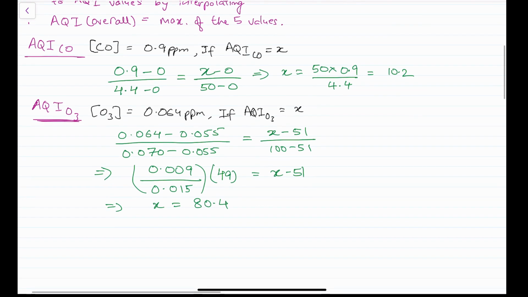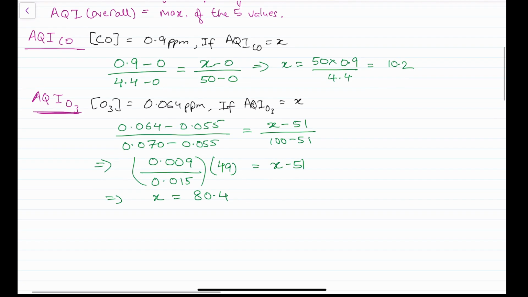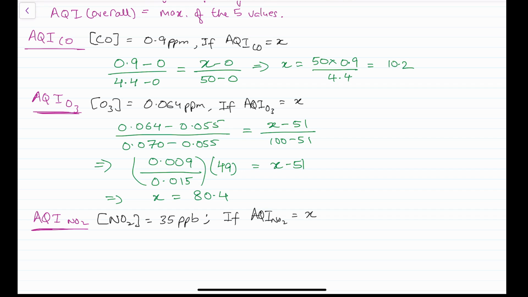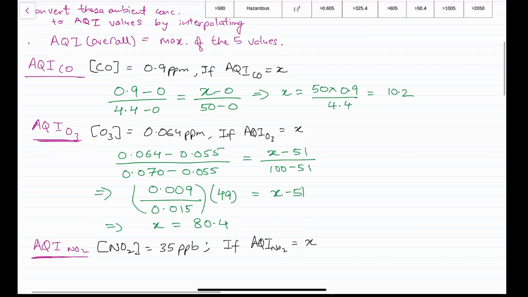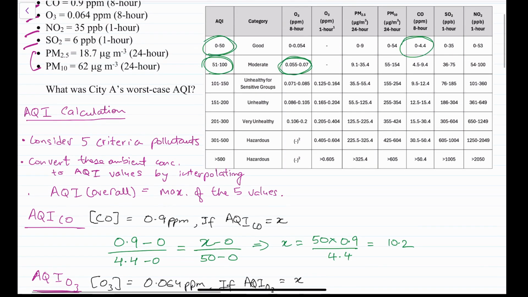you get the idea by now, I guess. So next, let's do AQI for NO2, and the concentration of NO2 is given as 35 ppb. So again, I will assume AQI NO2 is equal to X, and then again I will go back to this table and look at NO2.